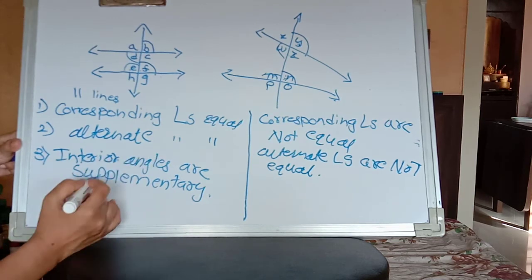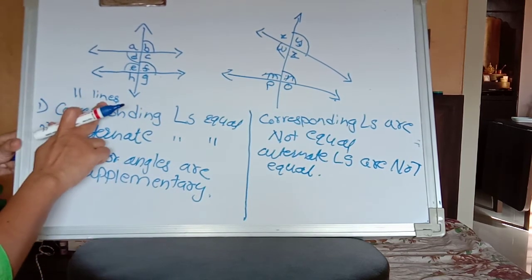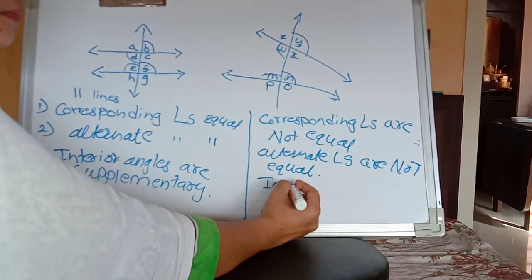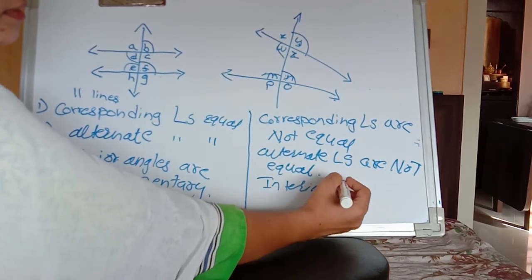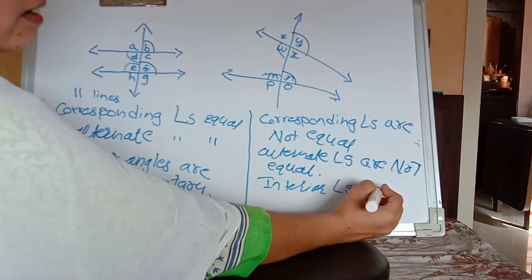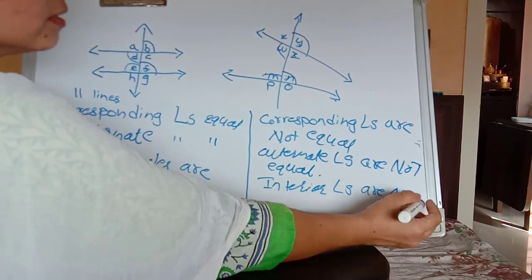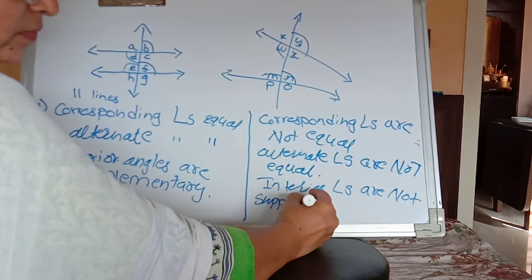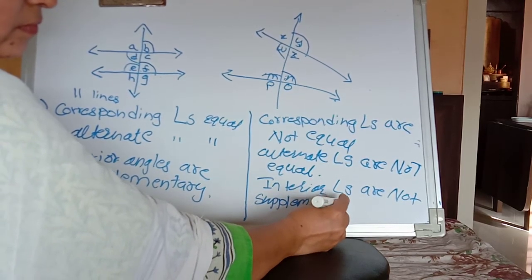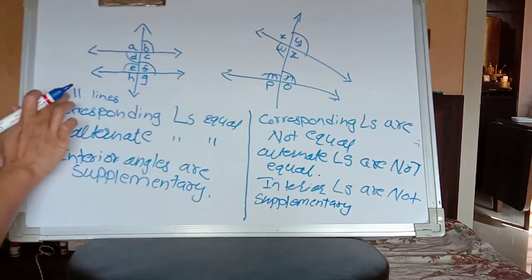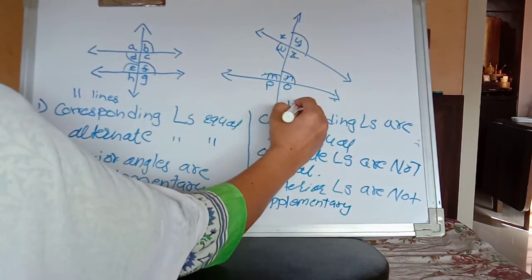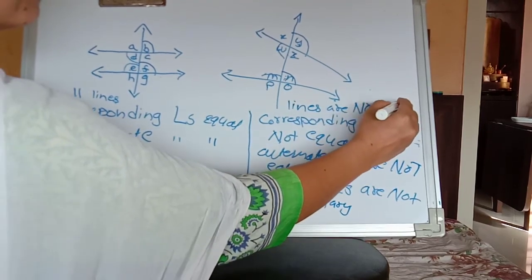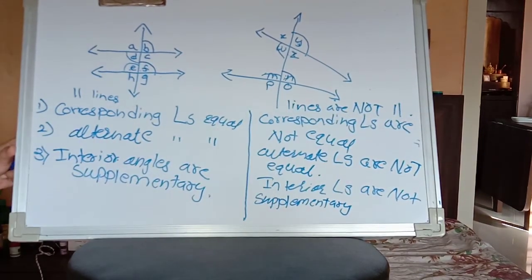So interior angles are supplementary only if lines are parallel. Here interior angles are not supplementary. So if lines are parallel, these are the three conditions, and here the lines are not parallel.